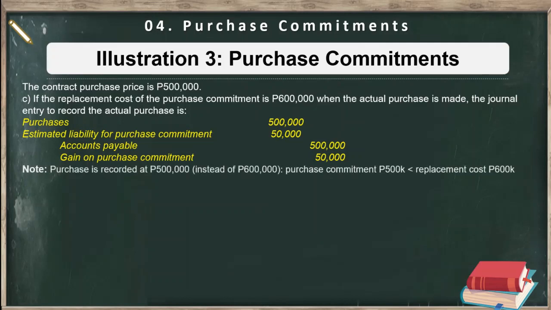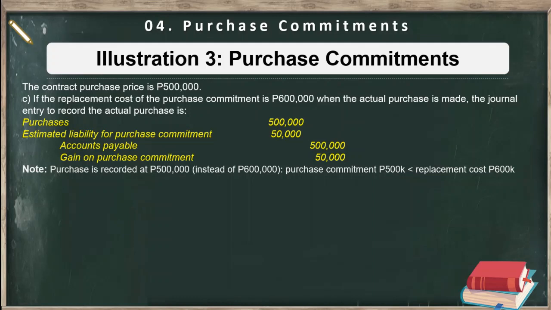So the purchase is recorded at 500,000 instead of 600,000 since the purchase commitment of 500,000 is less than the replacement cost. Remember, di ba? Dapat conservative ta. That will be the lower amount. We're not going to buy it at 600,000, no? Kay ang agreement was 500,000, di ba?